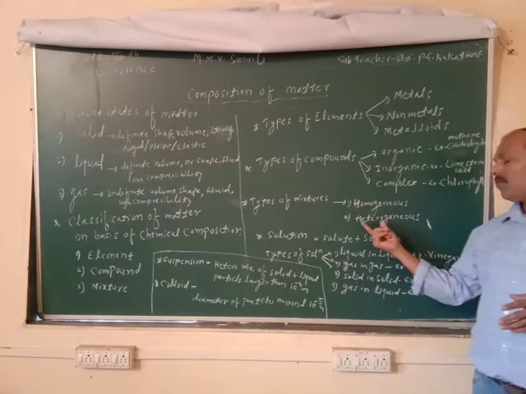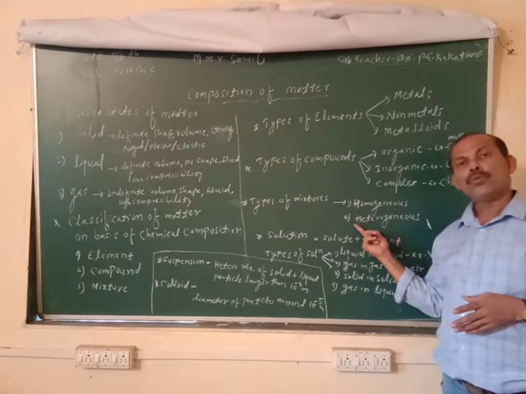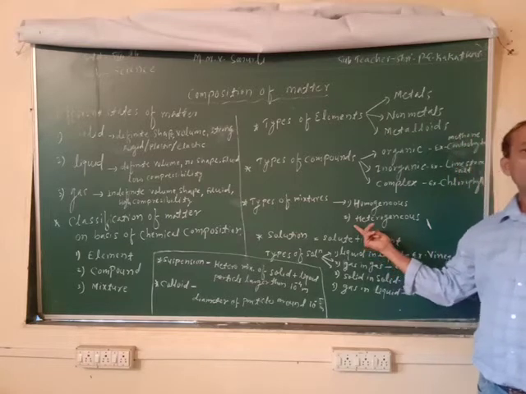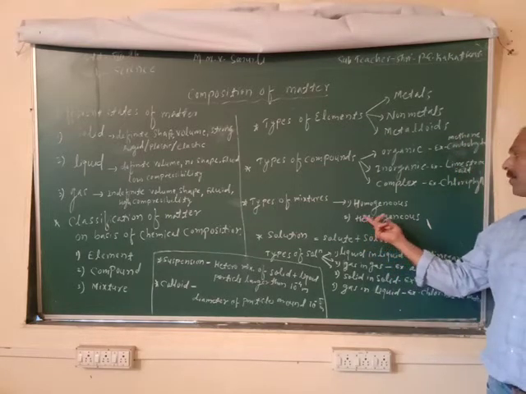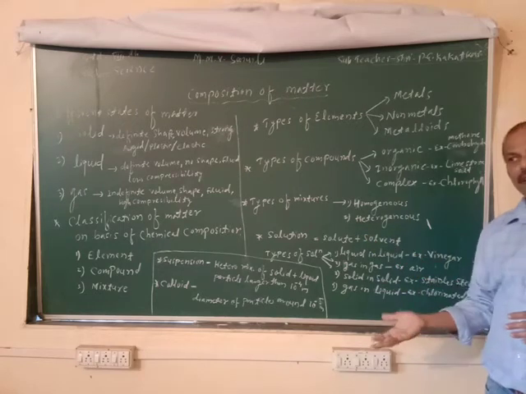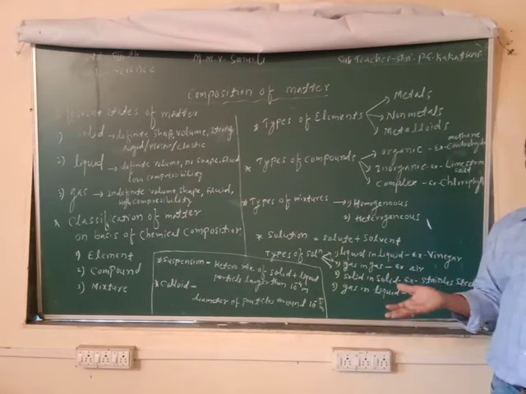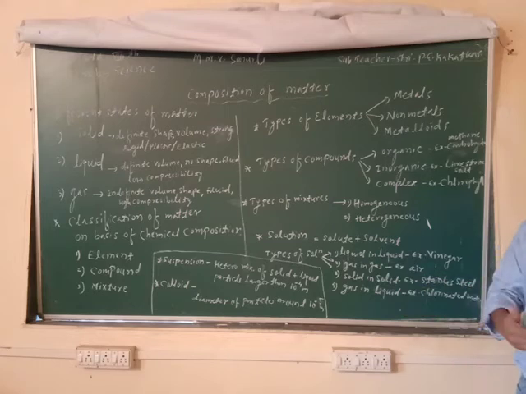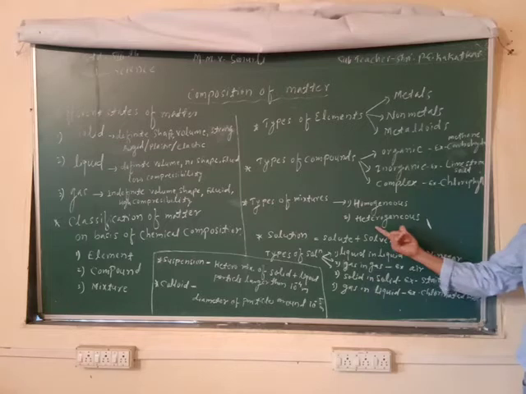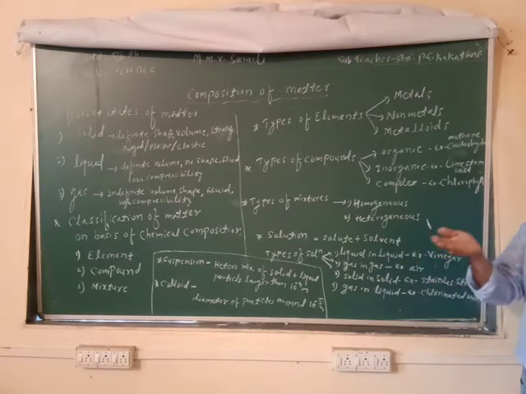And if two or more components which come together are in different states, one is solid and another is liquid, or one is gas and another is liquid, like this, if the states of those components are different and they come together, there is a formation of a heterogeneous mixture.